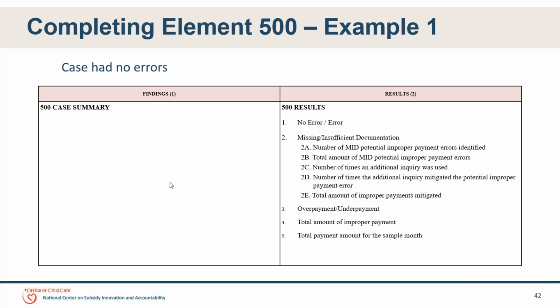Yes. So if you didn't do the mid-table, you can leave items 2B through 2E blank, or you can put zeros all down the line. Either is okay. But 1, 2, 2A, and then 3 through 5 all need to be completed.